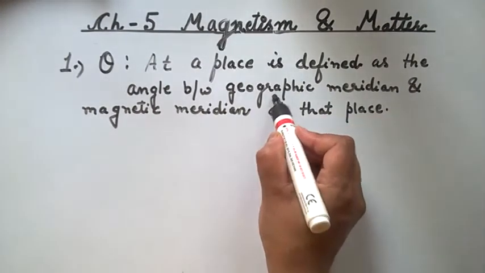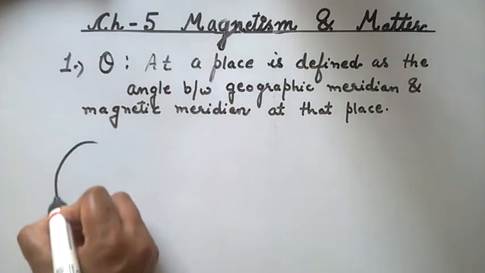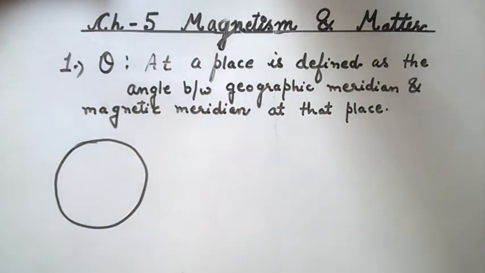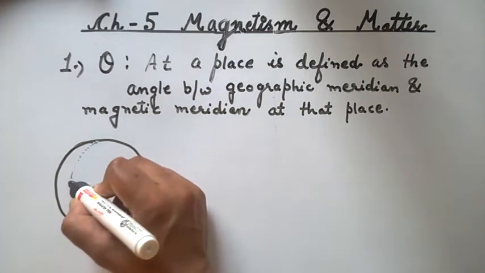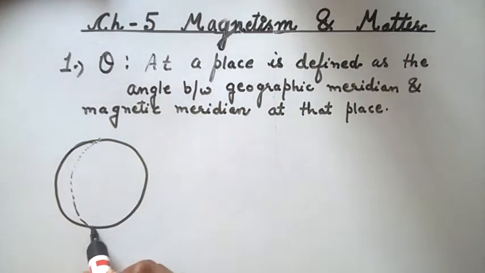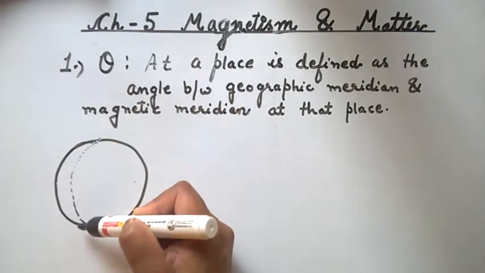We have studied about geographic meridian. Let's recall it. We know that the sphere has total 360 degrees. Thus, the longitudes which are passing through geographical north and geographical south and intersecting with the equator are imaginary vertical lines.